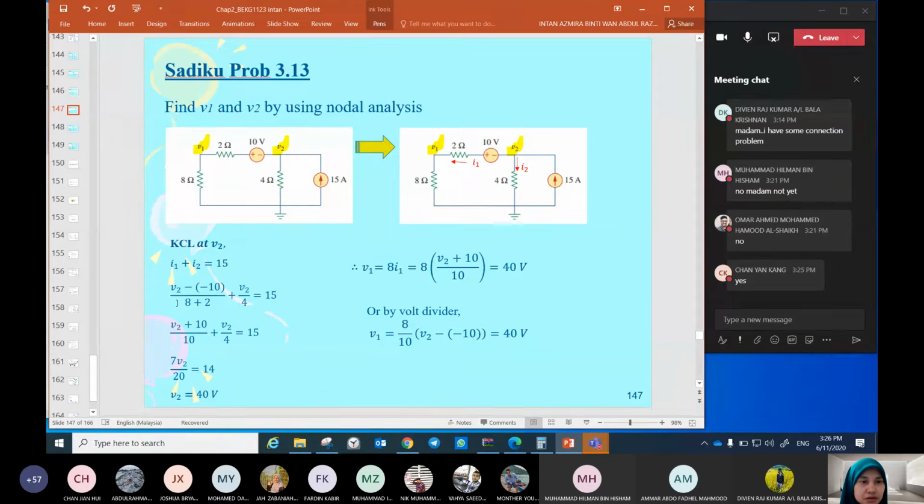So now we substitute I1. I1 is equal to V2 minus 10, divided with the summation of R, which is 10.